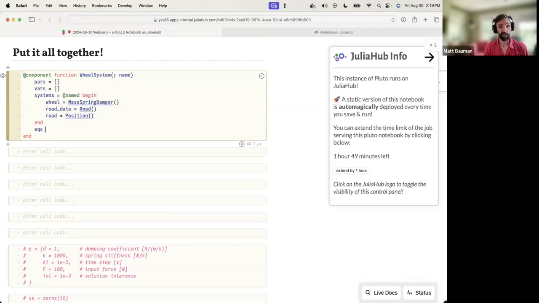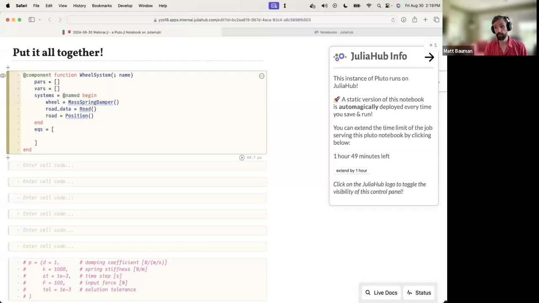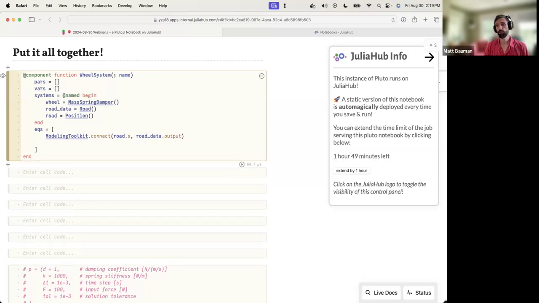Our equations, again, are going to be pretty straightforward, right? They're just going to be ModelingToolkit.connect our road, our position of our road with the road data output. We're going to also connect ModelingToolkit.connect our road flange with the wheel port of the spring damper, right?